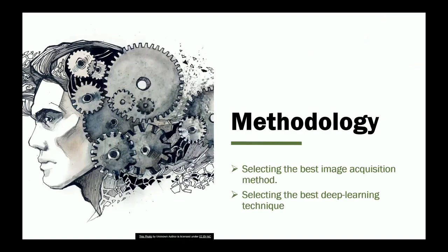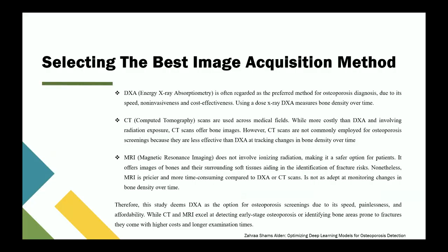Our methodology here will be in two parts: selecting the best image acquisition method, and then selecting the best deep learning technique. Since we are using X-ray imaging and medical cases to analyze with deep learning, there are three important image acquisition methods: DXA, CT scans, or MRI.